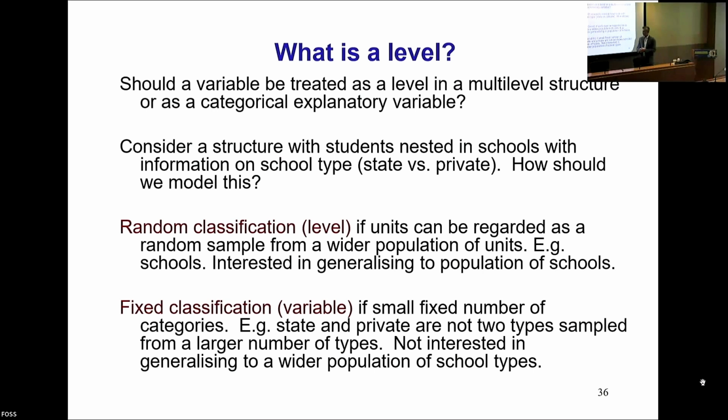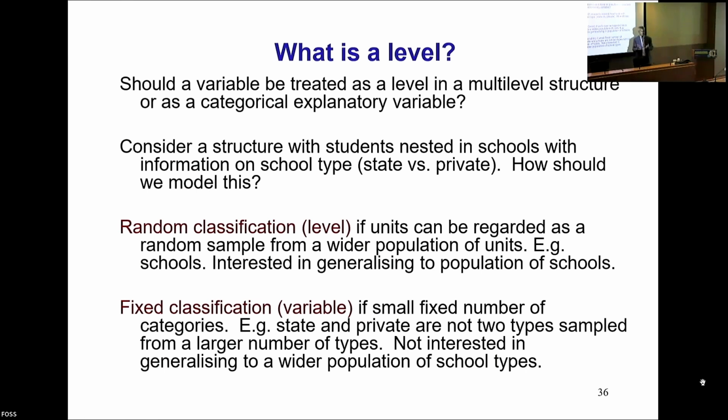Think of it in terms of measurement issues. When we've got a fixed variable, we can measure things quite well. Sex you can measure quite well, maybe self-reported ethnicity too. If we're interested in schools, the type of school, whether it's private or public, there may be more than 2 types: public, private, some combination, or religious schools.